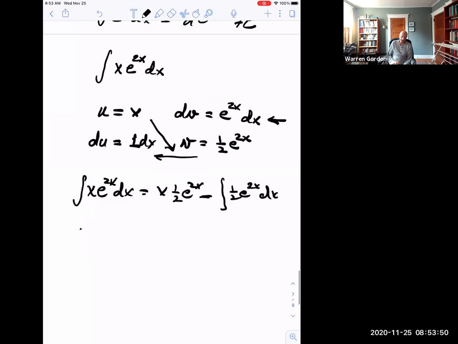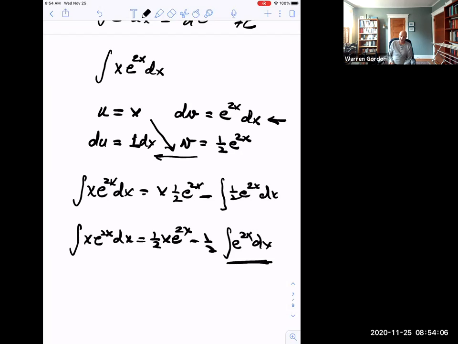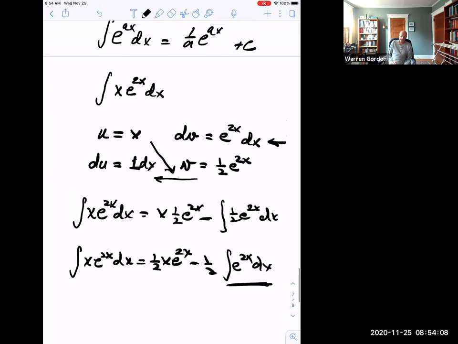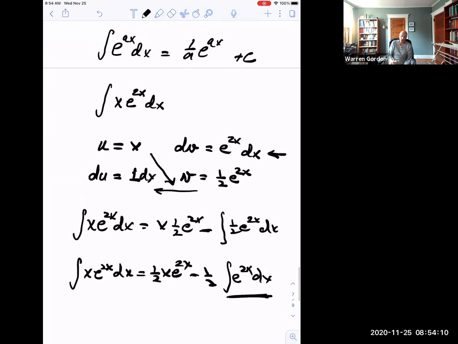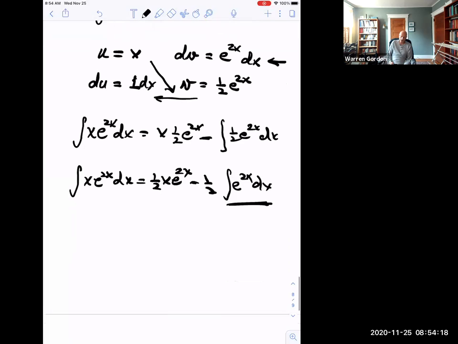So what do I have? I have the integral of x e to the 2x dx is 1/2 x e to the 2x minus the integral of 1/2 e to the 2x dx. And notice this is an integral I can now do. It's a simpler integral. If I made the wrong choice, for example, if I had called u e to the 2x and dv x dx, I would have gotten an integral that was more complicated than what I started with.